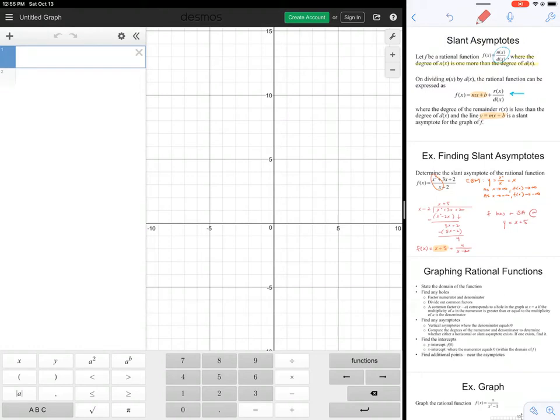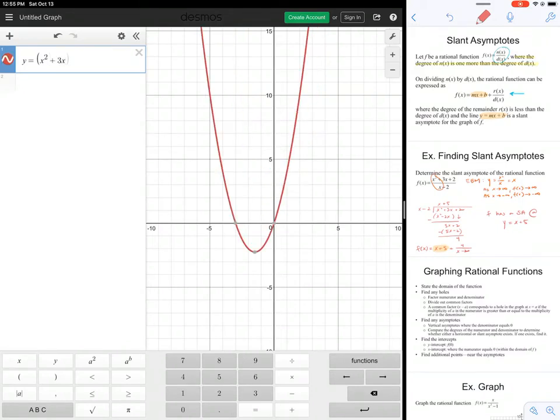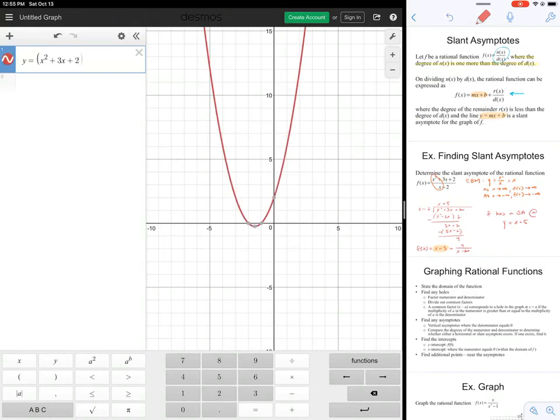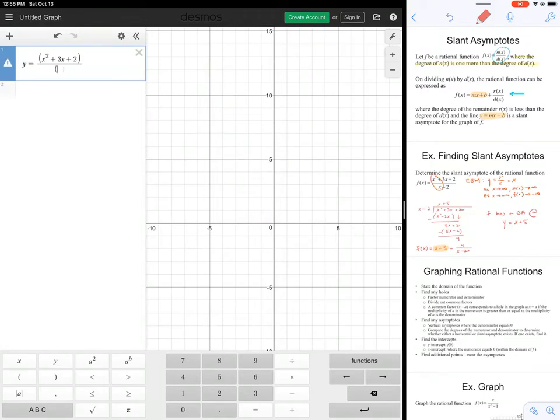Okay, so I want to graph f of x, y equals x squared plus 3x plus 2, divided by x minus 2.